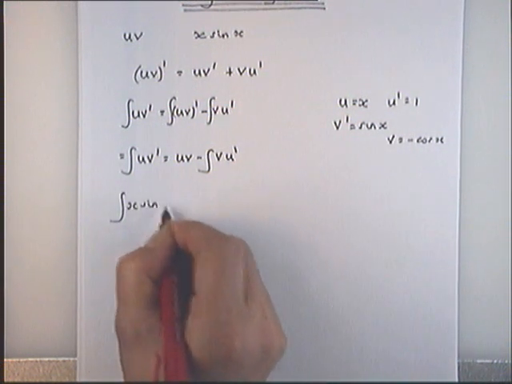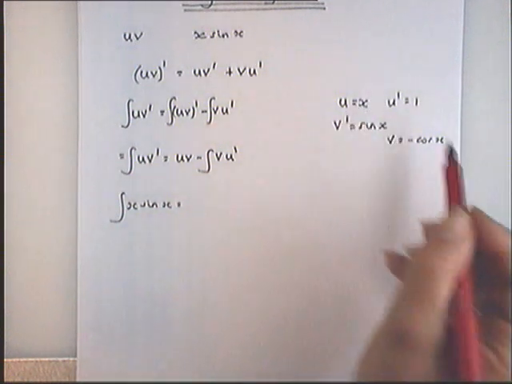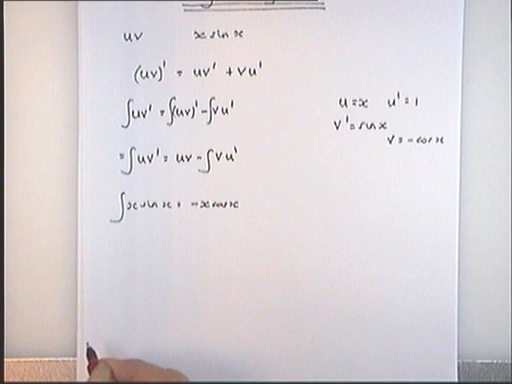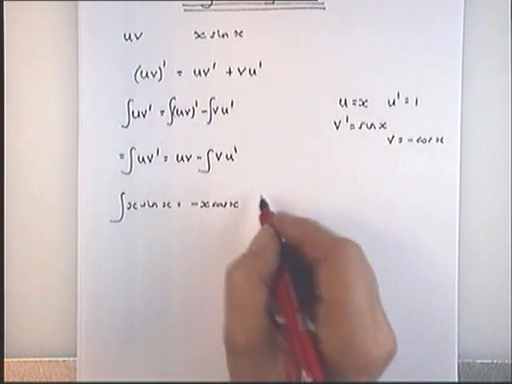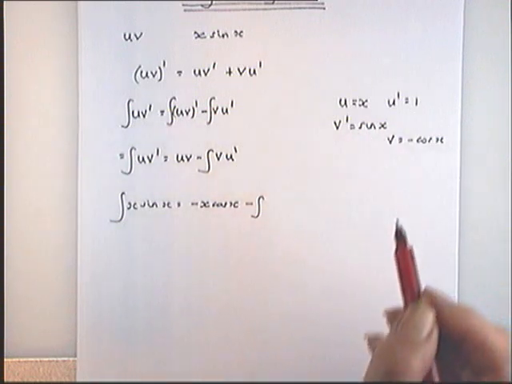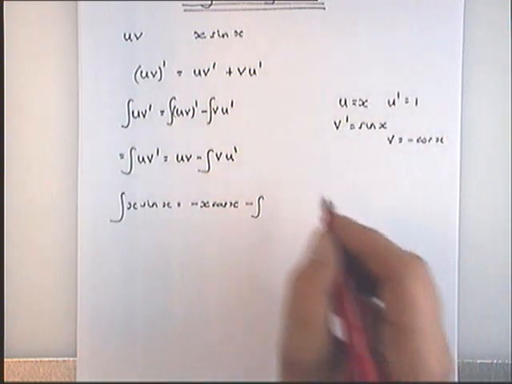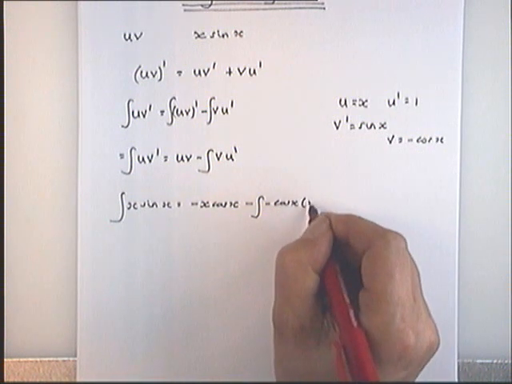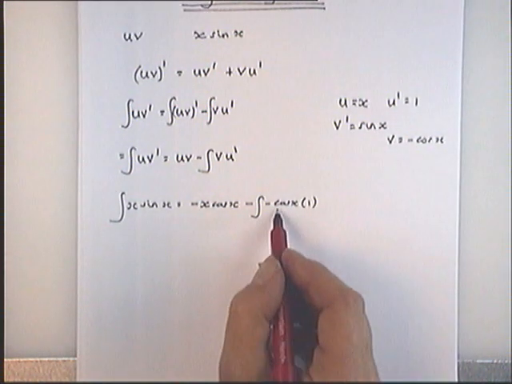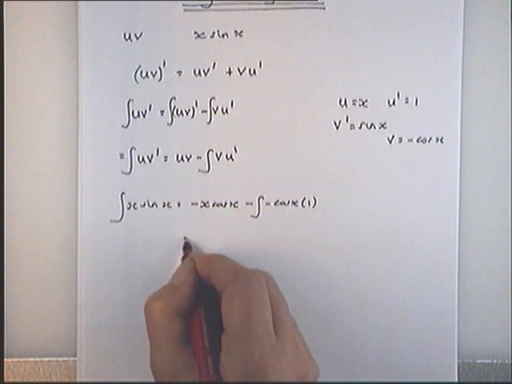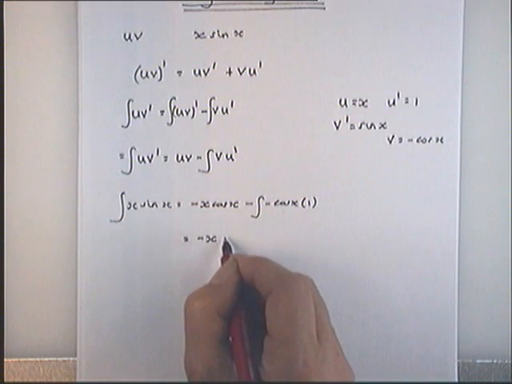So the integral of x sine x is u times v, which is minus x cos x, take away the integral of vu'. Well, vu' is minus cos x times 1, and the integral of minus cos x is minus sine x. So we've got to be careful here with the signs.